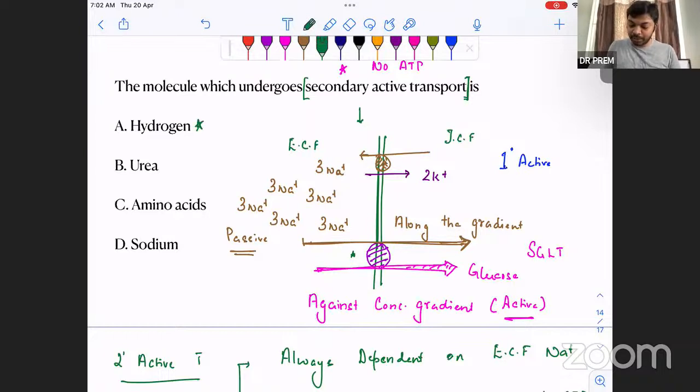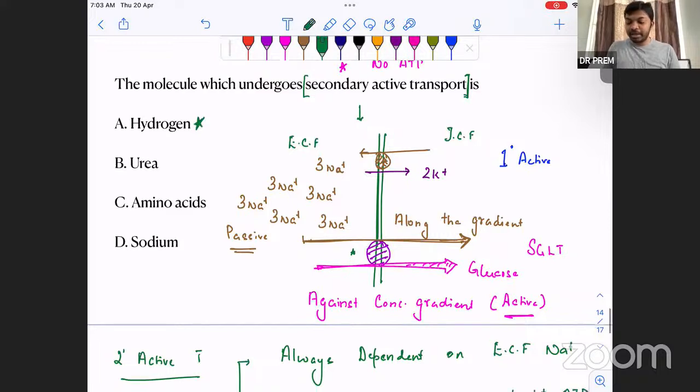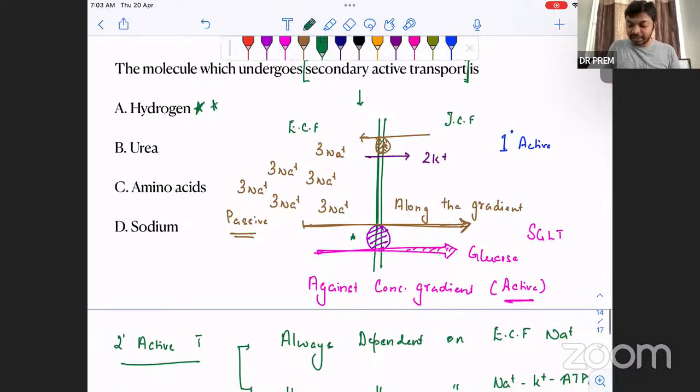If it is not hydrogen, you can go for amino acids, but definitely it is not sodium. So the best answer is hydrogen, and the second best answer is amino acids. That's the way the question has to be approached. I hope you understand why we picked the right answer, doctors.